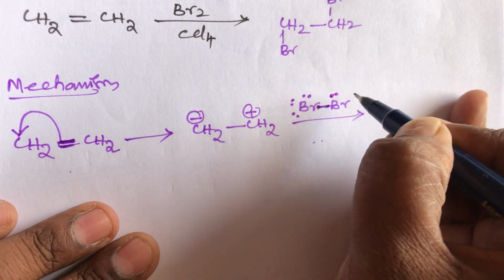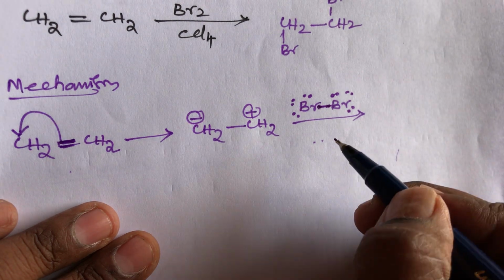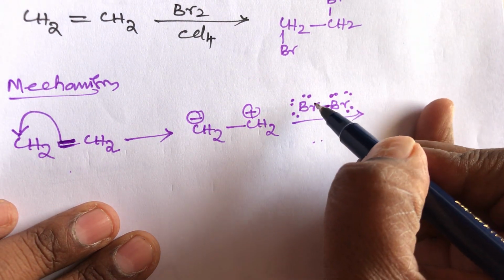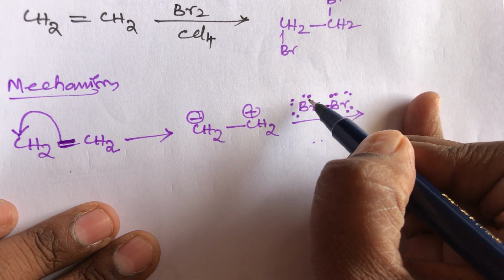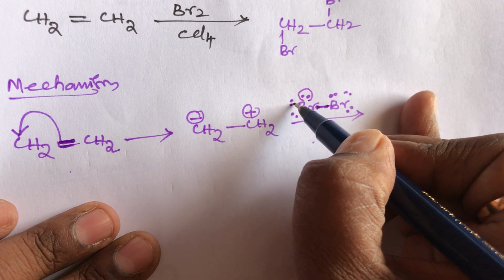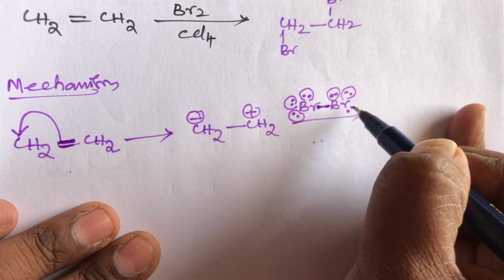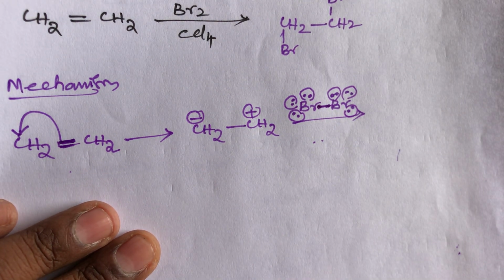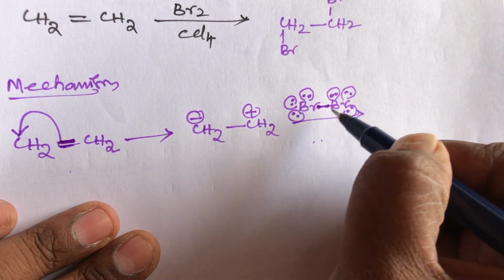Each bromine has 6 remaining electrons, that means 3 lone pairs, and in between there is a single bond.